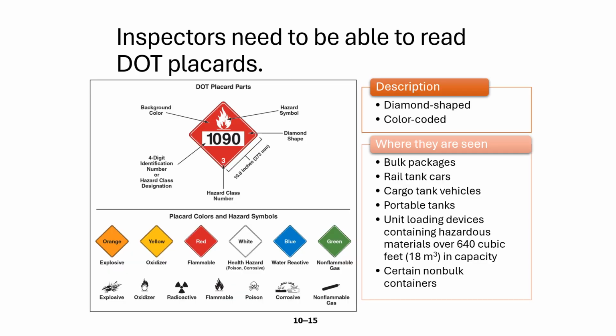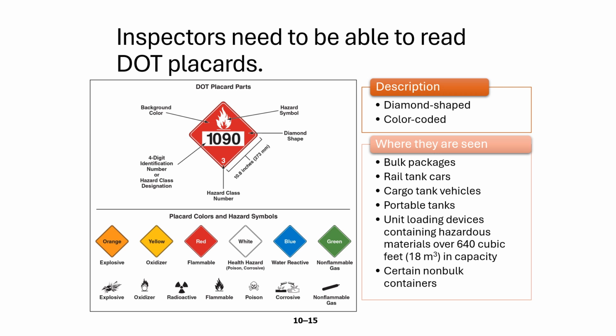The DOT placard is a diamond shaped, color coded sign that shippers provide to identify the materials in transportation containers found on a number of containers, including bulk packaging, rail tank cars, cargo tank vehicles, portable tanks, unit loading devices containing hazardous materials over 640 cubic feet in capacity, and certain non-bulk containers.